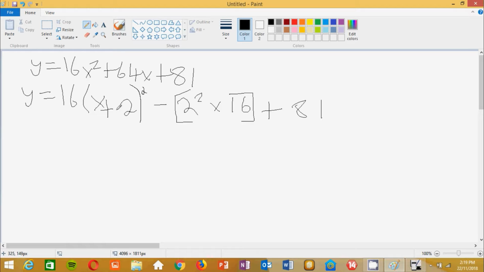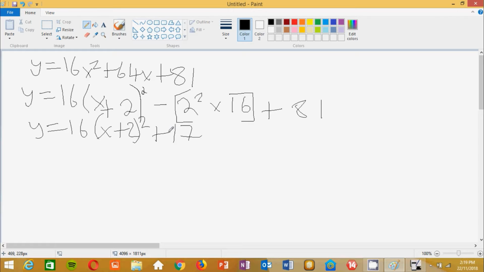This entire thing is negative, plus the 81 there, and basically I'm just going to simplify this entire expression. So my completed square version is going to look like y is equal to 16 times (x plus 2) squared plus 17. And that is going to be my completed square version for this answer.